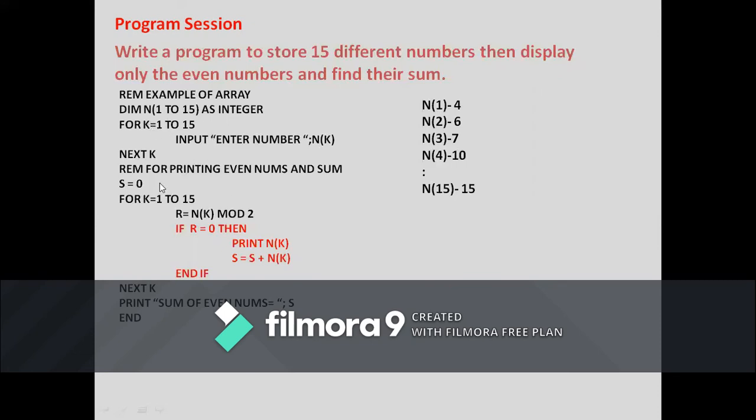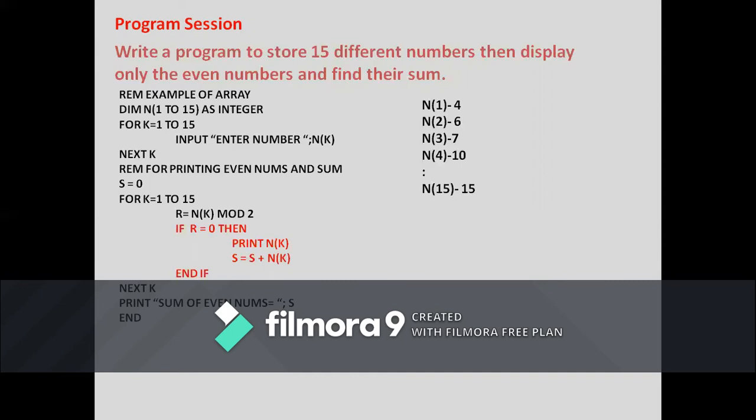Now you can see on the screen s equals 0. This variable s is for sum because we have to find the sum of even numbers. And here also we have to repeat the loop 15 times because we have to check 15 numbers one after another whether the numbers are even or not.